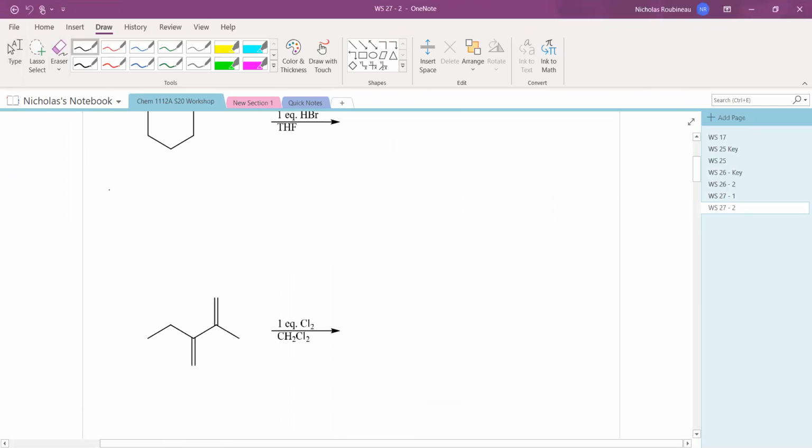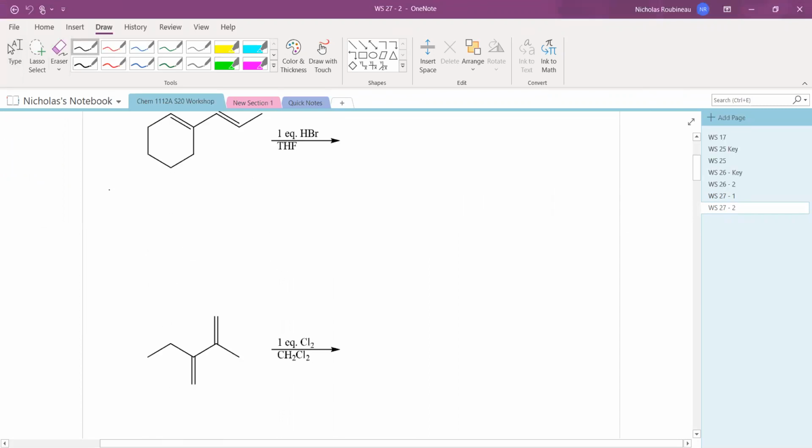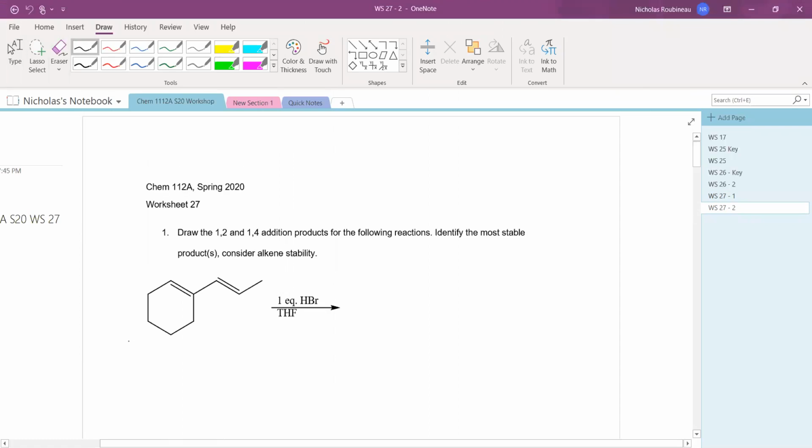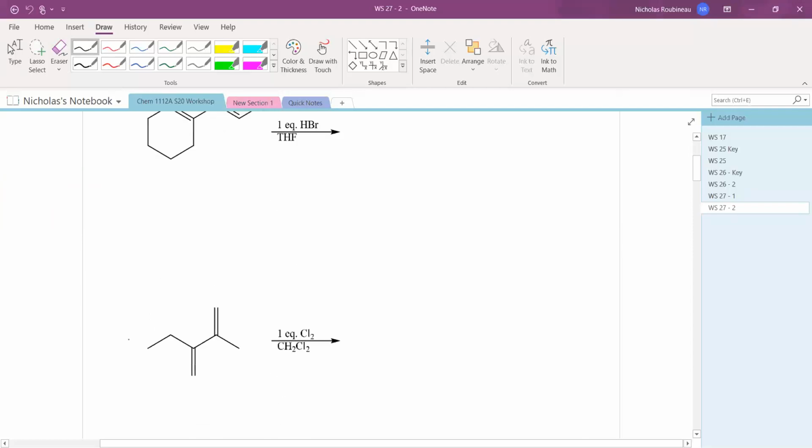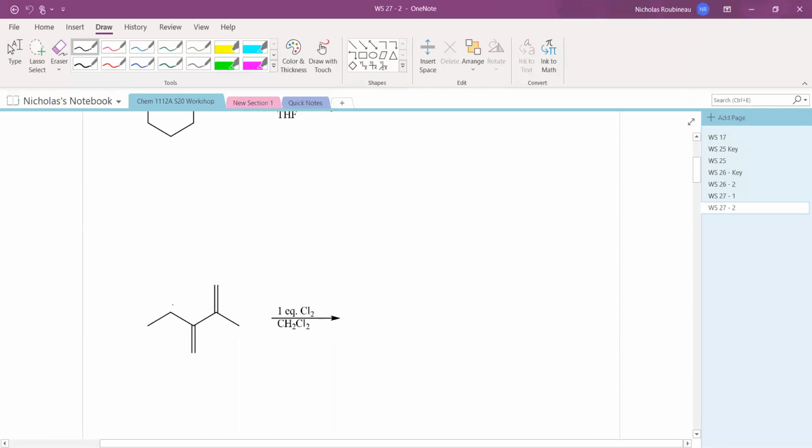So something like this first one for number one, we probably could name that, but that would be more complicated than what you're going to see on a test question in terms of naming, probably. That's a bit of a pain to name. But this could potentially be something that you're asked about.